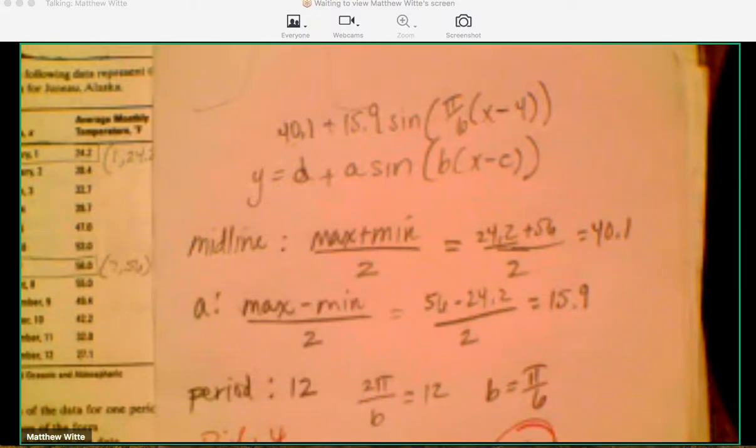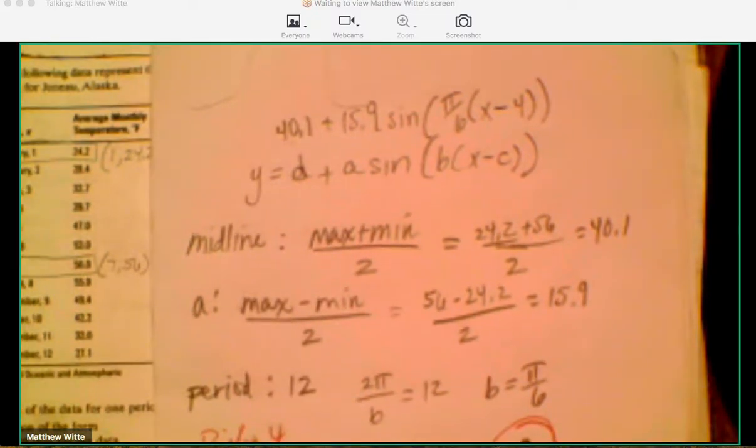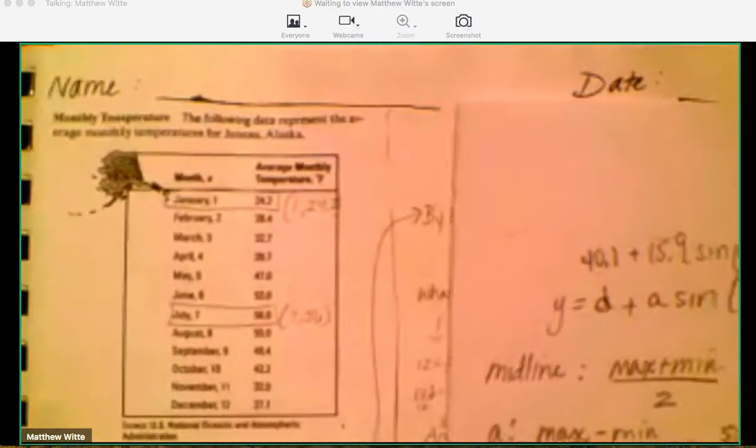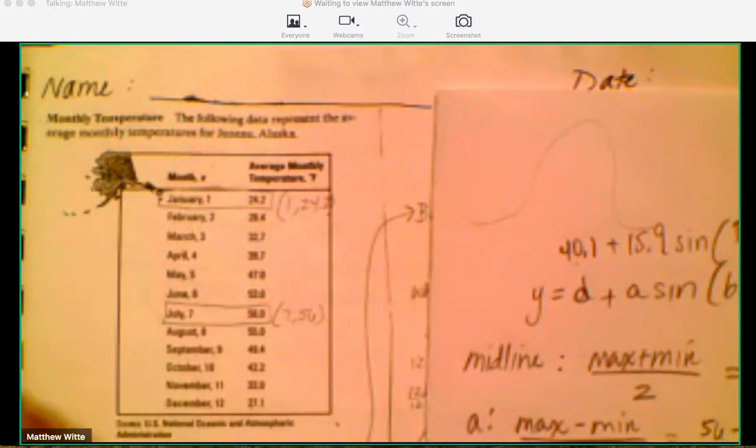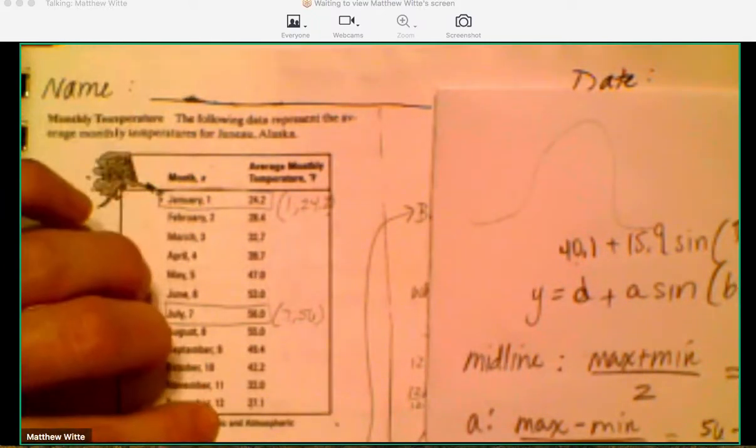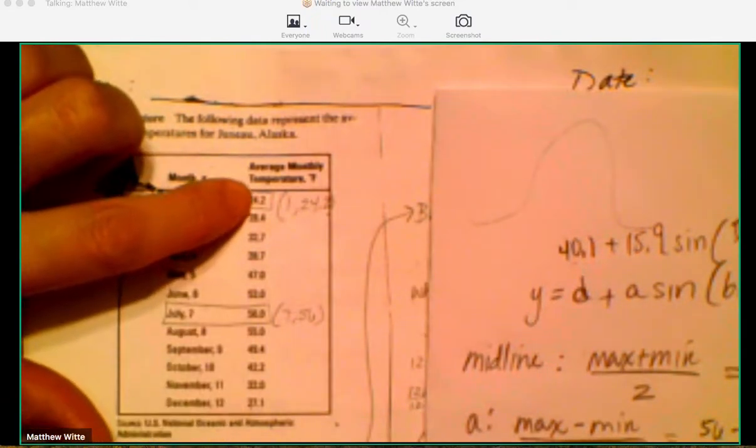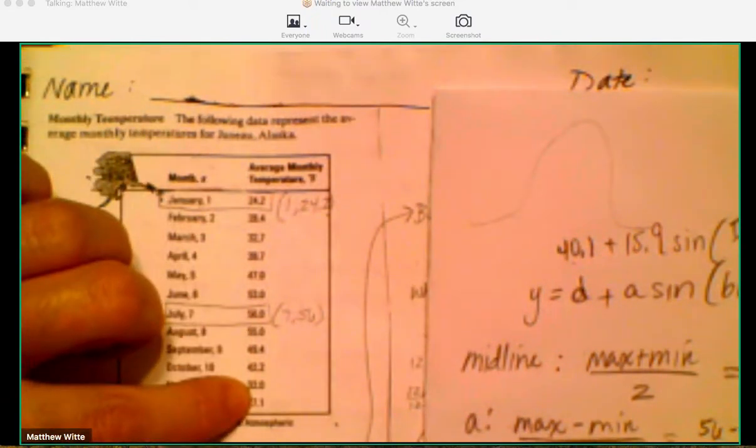So Lucy, regression would be just like we did before, where if I gave you a table, you would be plugging all of this into your table. You would go to your calculator, go to your table section, and plug in 1 through 12 right here. And then under the Y's, you plug in all of this data.